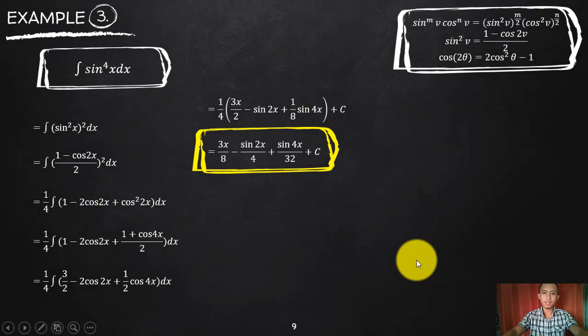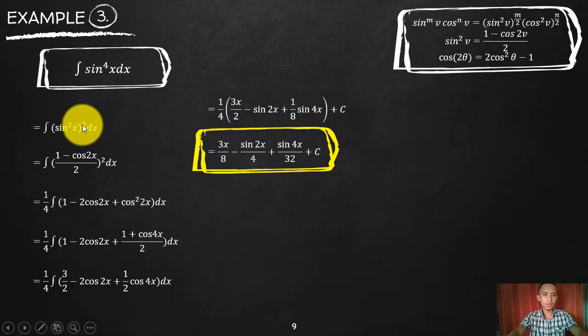So let's have an example: the integral of sine to the 4th of x dx. The exponent of cosine is 0, which is even, so that is why there is no cosine there. This is still under case 3 because it is even. I will split the exponent so that inside what will be left is squared. Dividing 4 by 2, I bring outside 2.